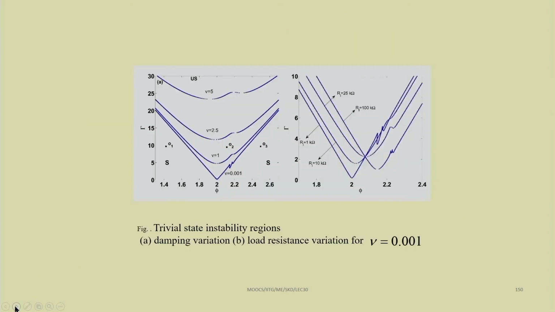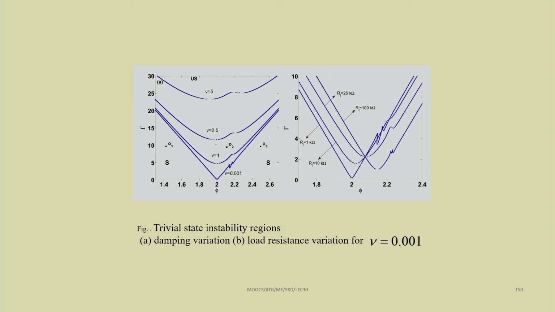Taking all these parameters, one can easily plot the instability region. One can see these are different instability regions with different values of nu, the damping parameter, and the instability region moves up.